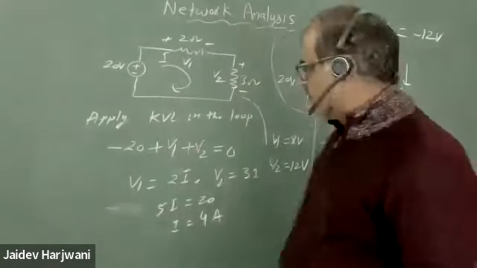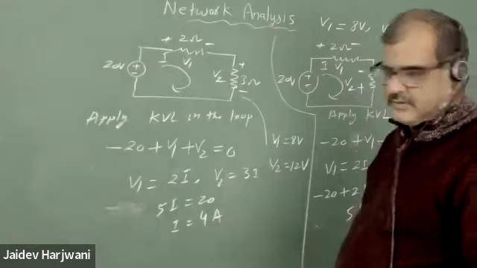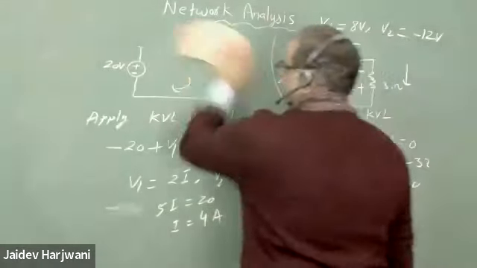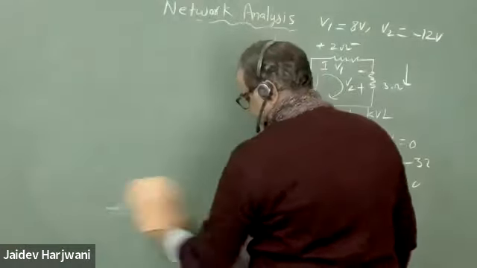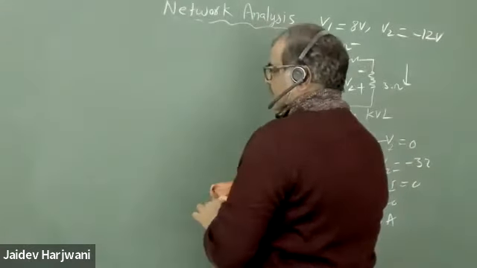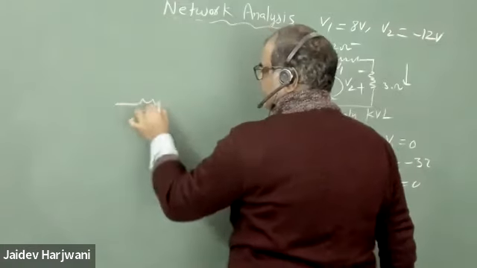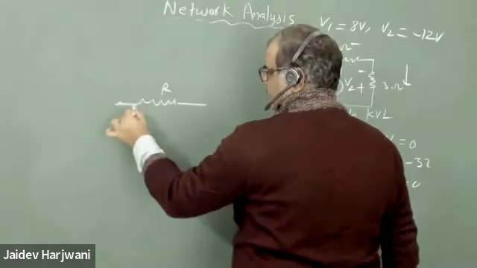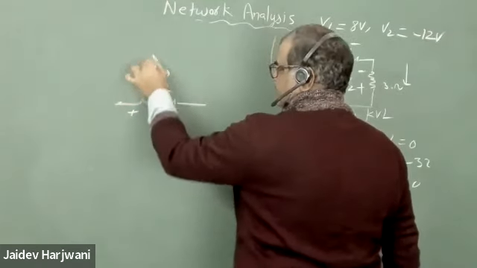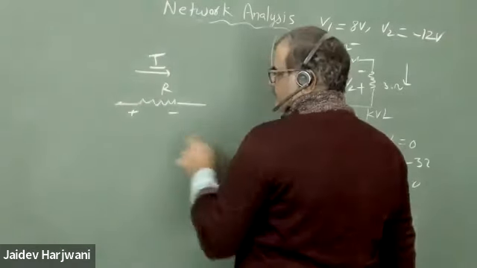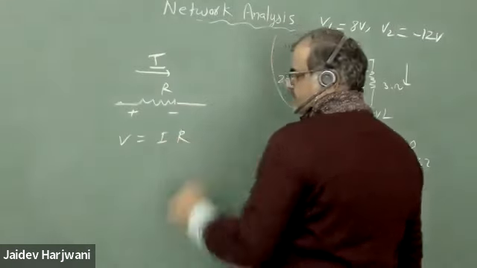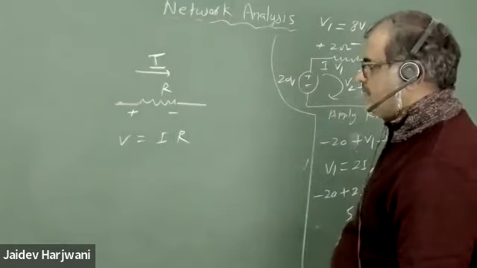Okay, how did you take the drop V2 equals 3I? Please tell us once. Whenever, as I told you yesterday, the Ohm's law convention is there. This is your R and this is your plus minus. If current is moving from higher potential to lower potential, you always write V equals IR.